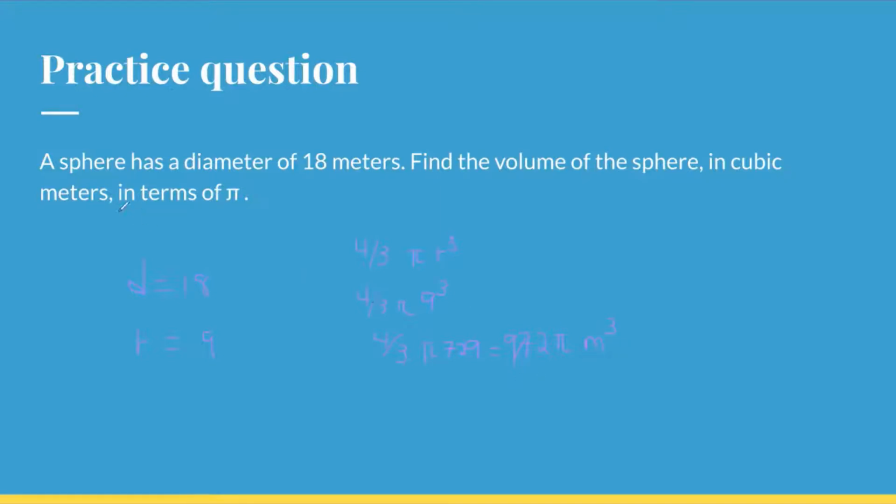Because it says in terms of pi, we're going to keep the pi, and the answer is 972 pi cubic meters.